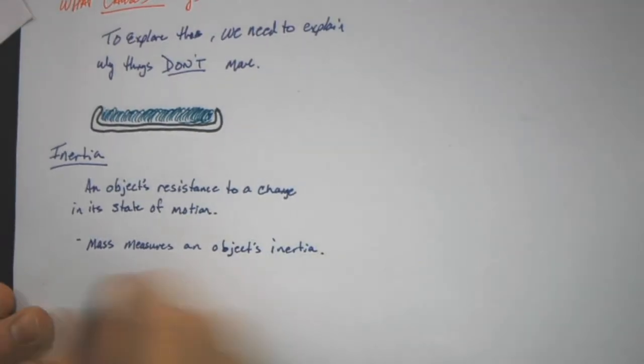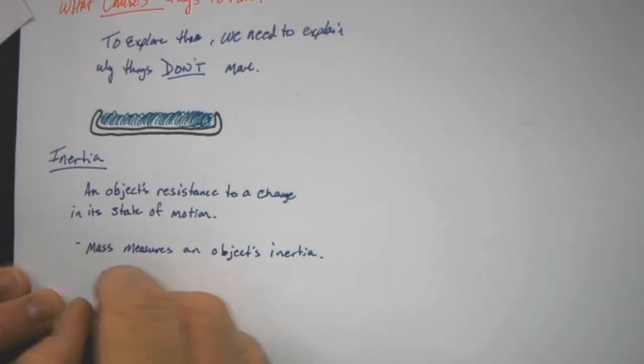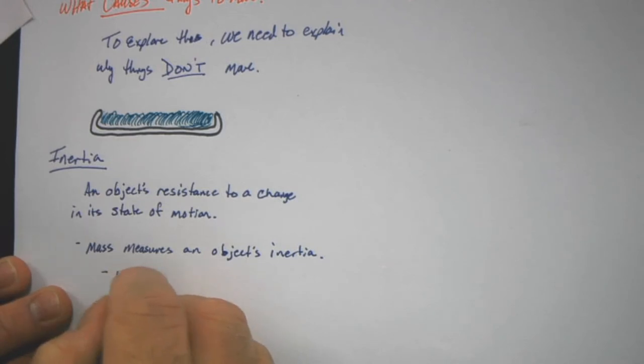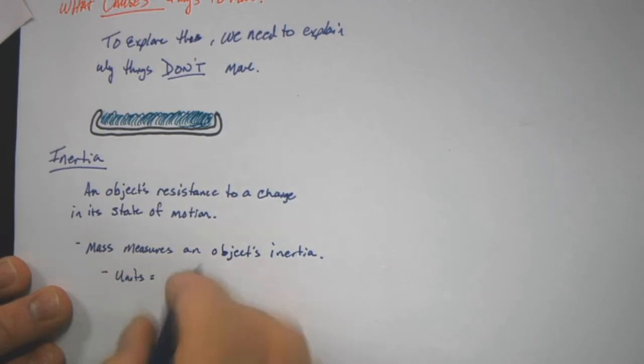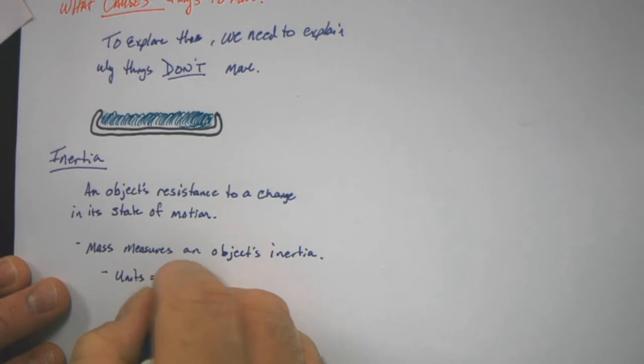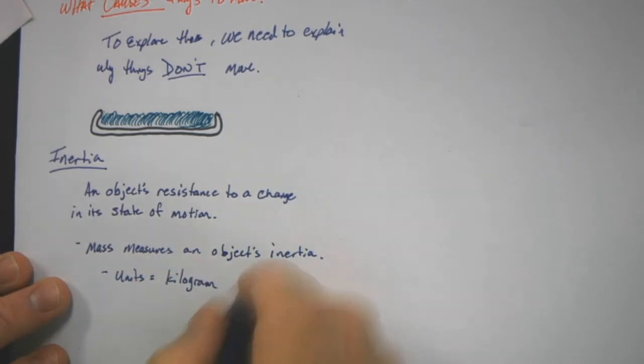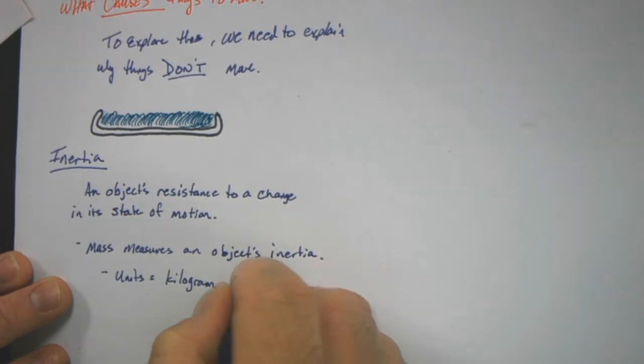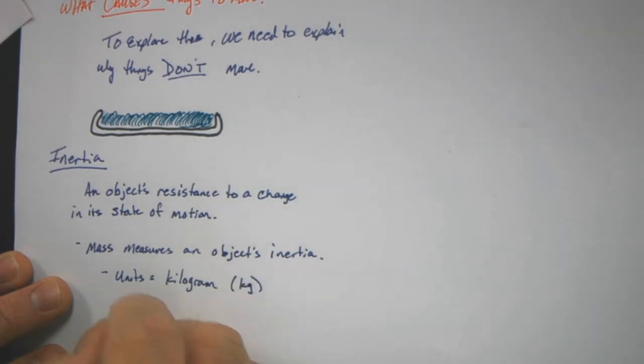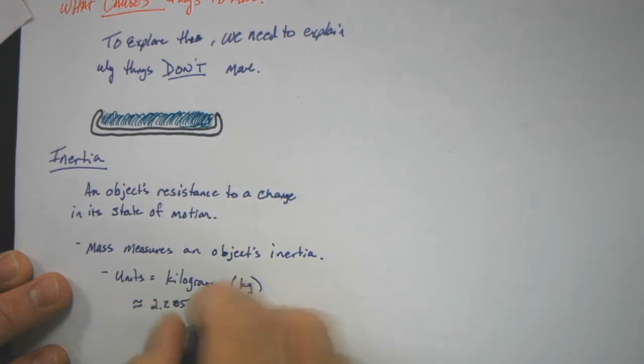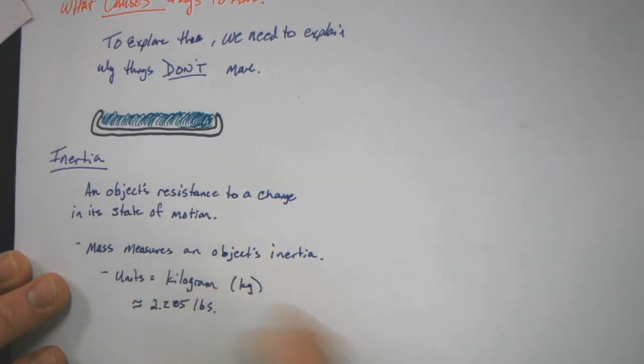Okay, the units for mass. Okay, the units are the kilogram, the kg. This is about equal to 2.205 pounds.